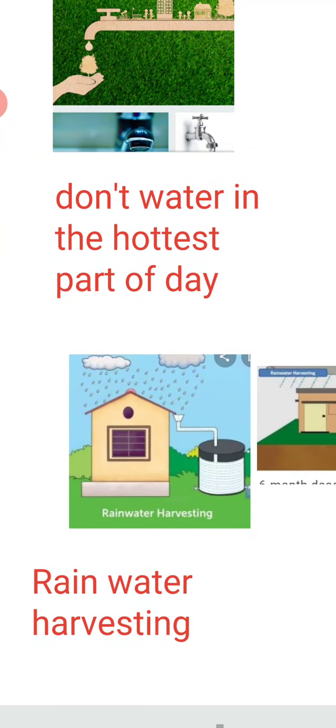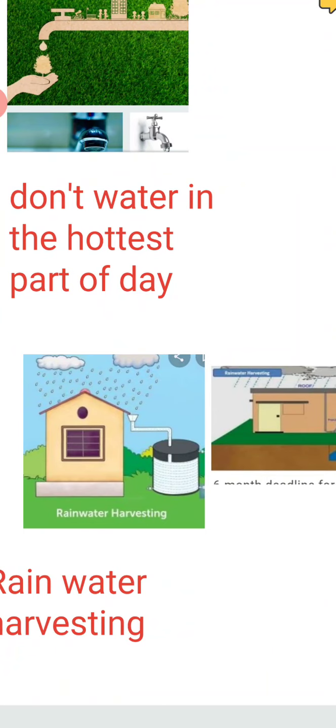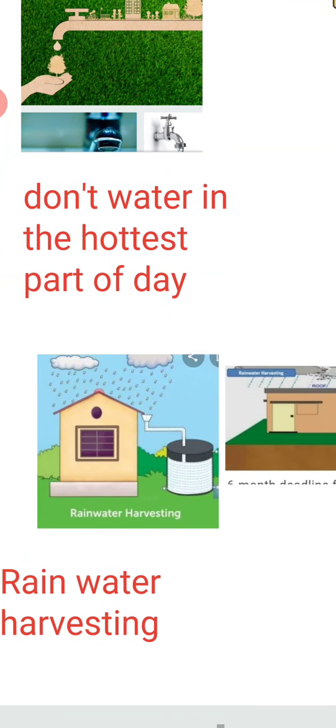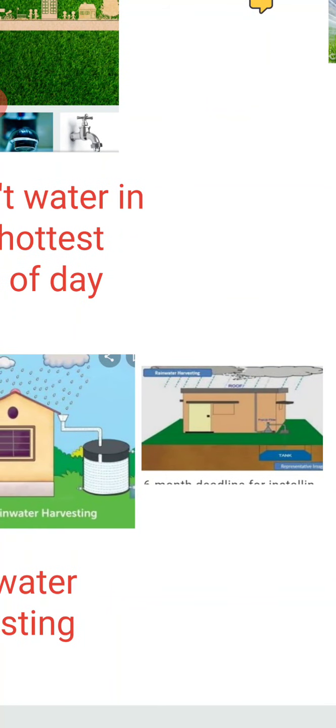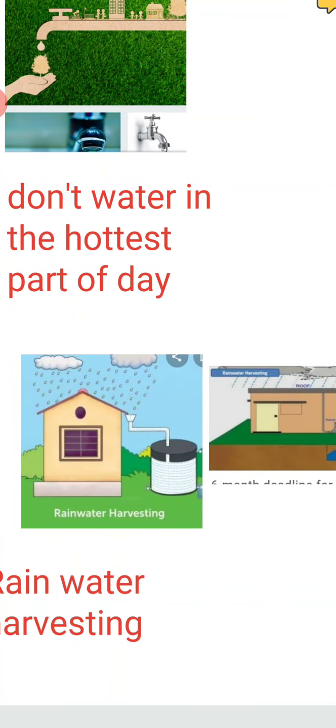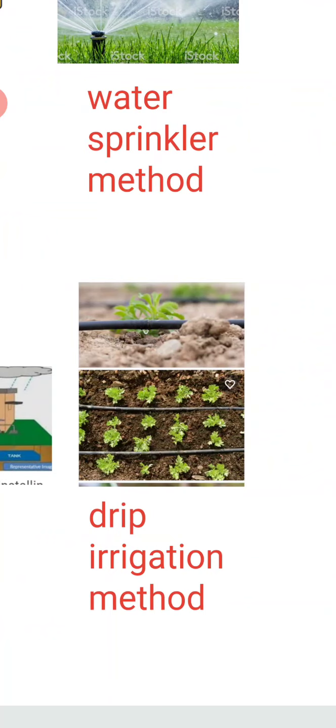Adopt a rainwater harvesting system to store water. Rainwater harvesting is a technique of collection and storage of rainwater in tanks or natural reservoirs. As you can see in both these pictures, these pictures are related to rainwater harvesting. Then use the drip irrigation method.